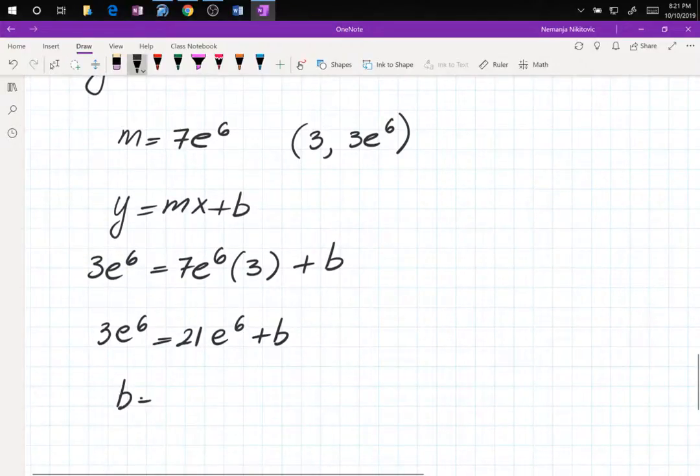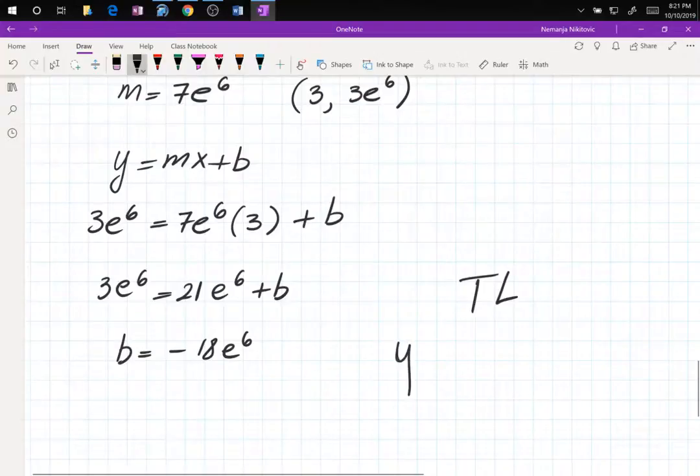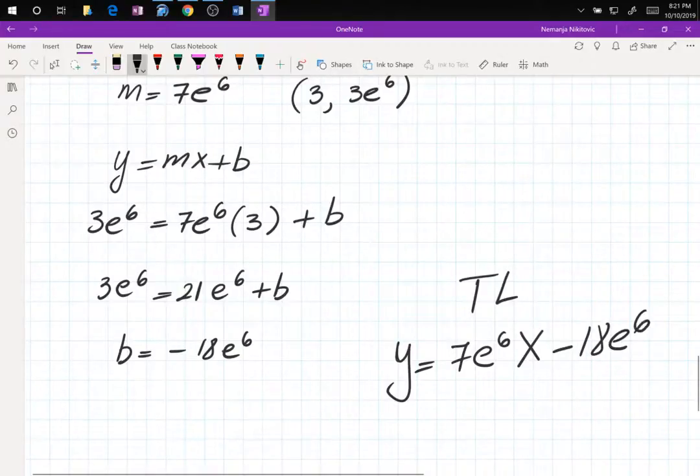And we see that b is equal to negative 18e to the 6. Tangent line is y equals 7e to the 6 x minus 18e to the 6.